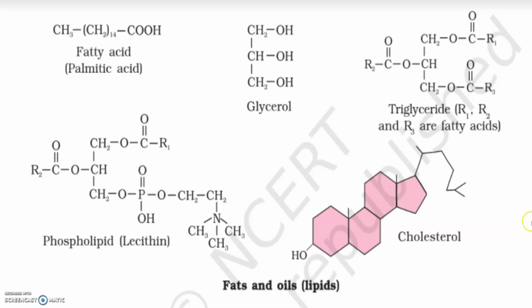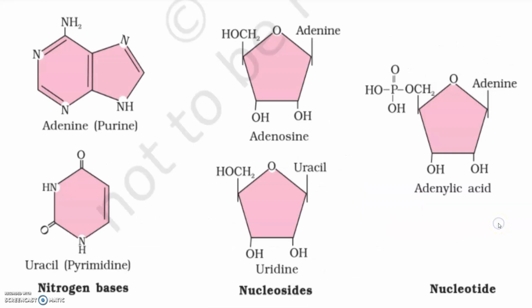When they are found attached to a sugar, they are called nucleosides. You can see the structure here. And if a phosphate group is also found esterified to the sugar, then they are called nucleotides.